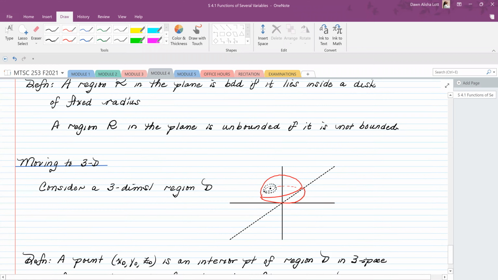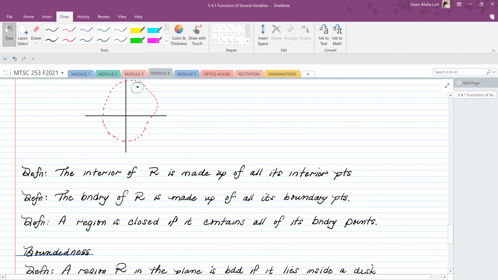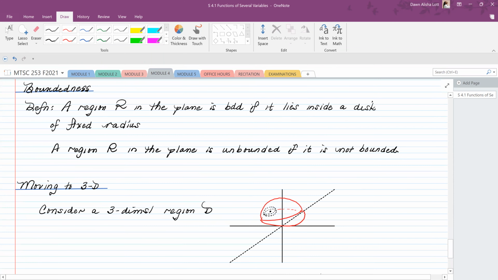So you can extrapolate the definition. All these definitions are the same.